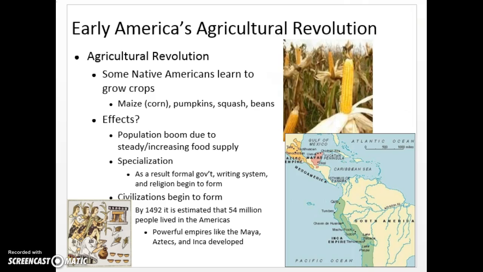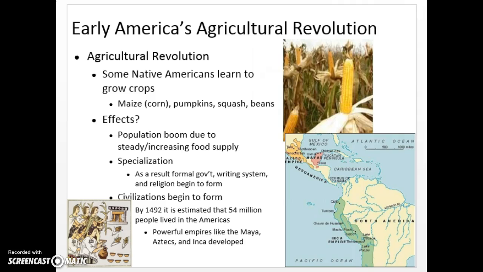But that nomadic lifestyle is eventually going to change in parts of the Americas because of the introduction of maize, or corn. Native Americans learned to grow crops for the first time: maize, pumpkin, squash, beans, and these are really the only things they're growing in the Americas for the most part. Populations begin to boom because of this, especially in Central and Southern America.